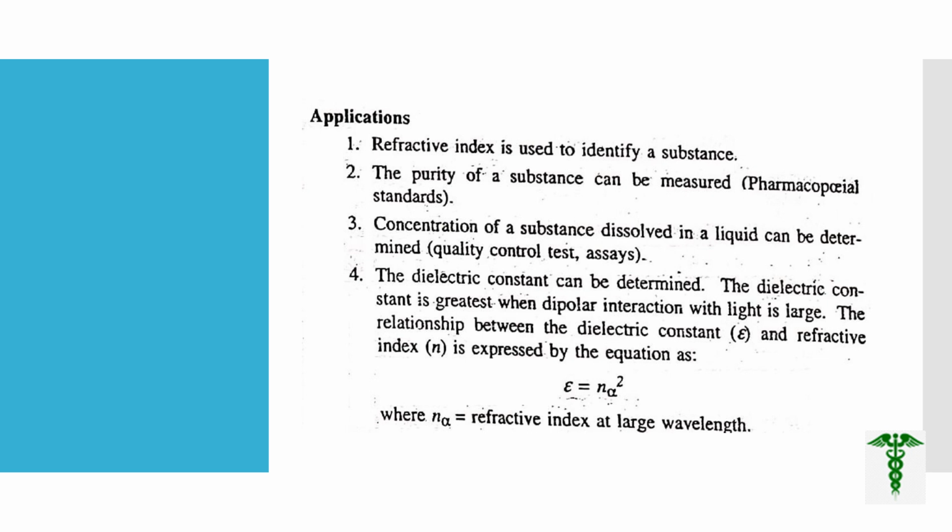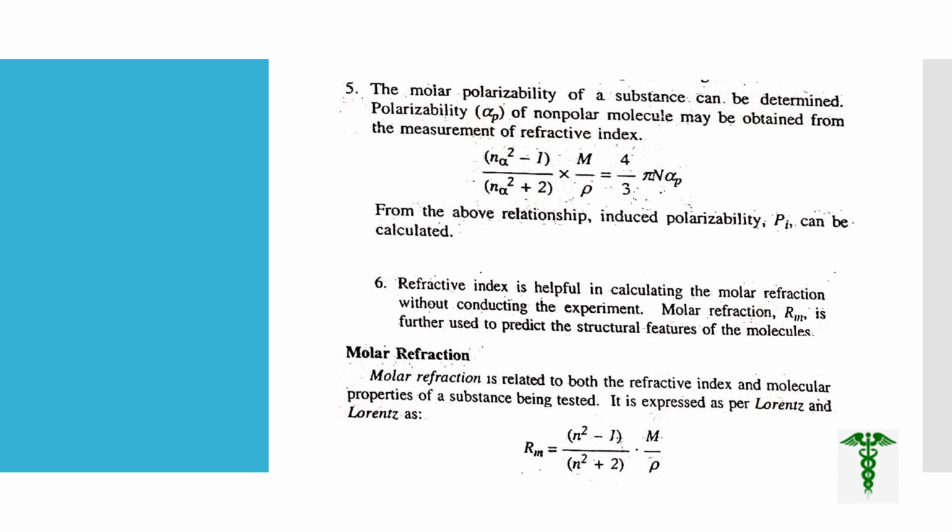Apart from that, we can also find the molar polarizability, alpha P, of a nonpolar substance. Using this equation, we can find the induced polarizability, and it also helps to calculate the molar refraction without conducting an experiment.